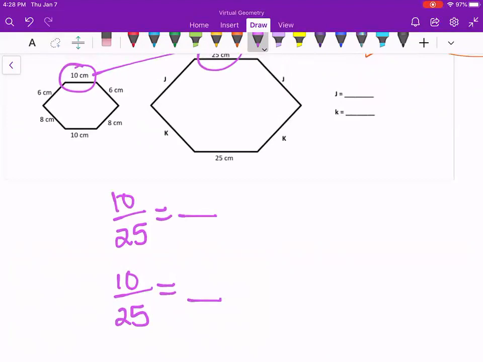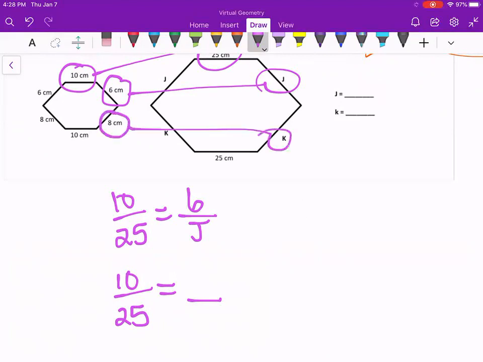All right, so if 10 is coming from the little one and it's on top, then my 6 needs to be on top, which matches with the other J. Then when I go to the bottom one, my 8 is from the small one and my K is from the large one, so 8 over K. Because again, we're going little to big for both of these. Now we can cross multiply and solve these out.